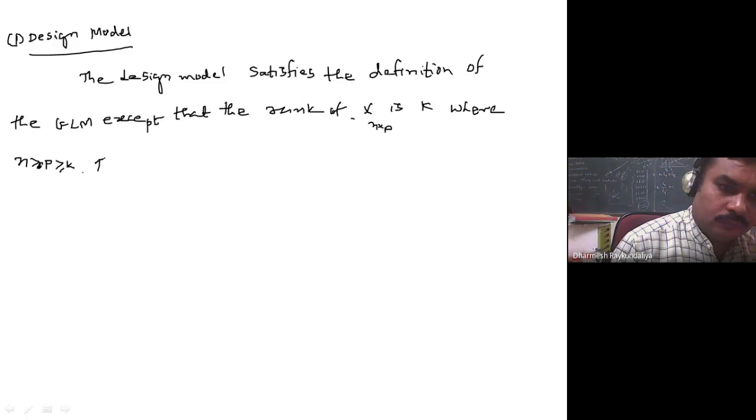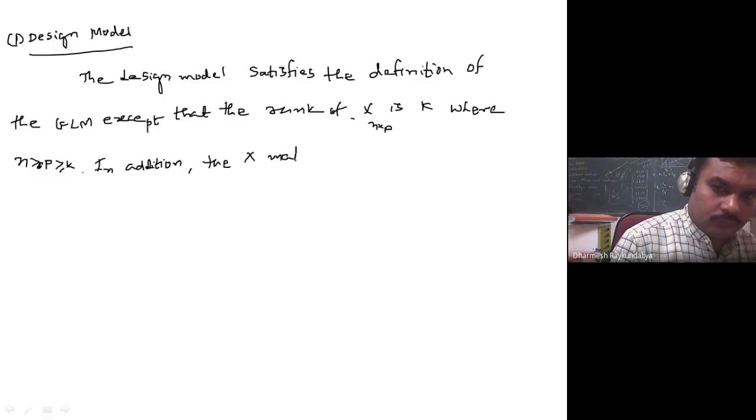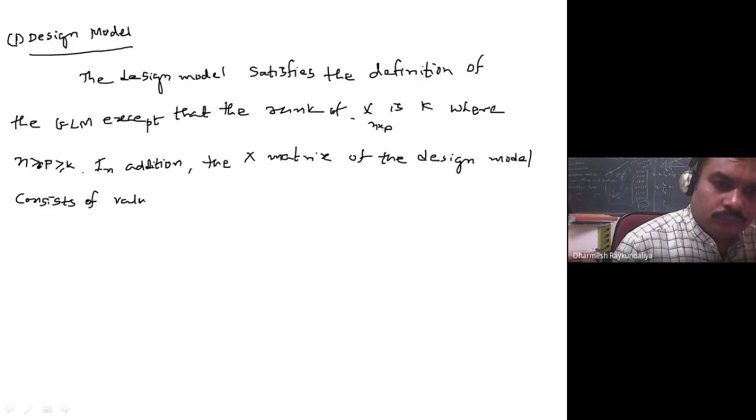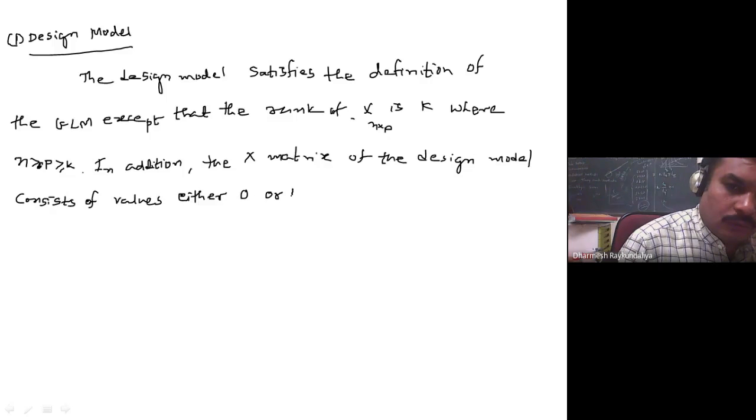In addition, the X matrix of the design model consists of only the values either 0 or 1.